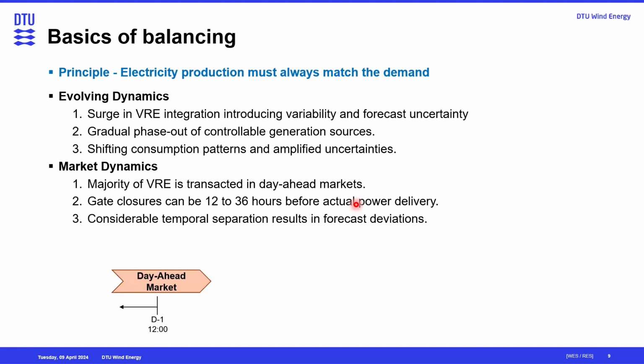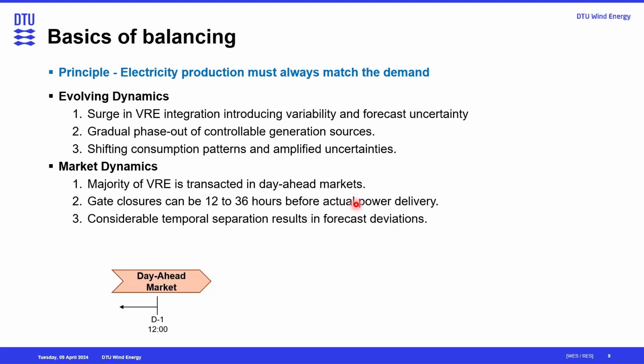At the same time, there is a change in the market dynamics as well. The majority of VRE is being transacted in the day-ahead market today around the world, and the gates are closed 12 to 36 hours ahead. Until now, if you had only 5 or 10% renewables, you could live with it because you have a forecast one day before.